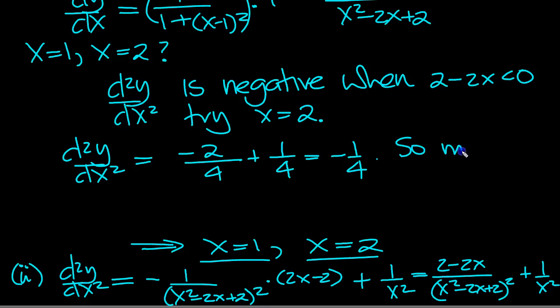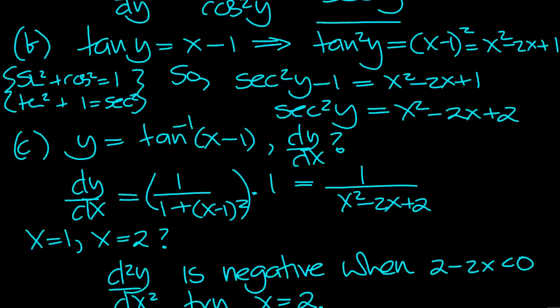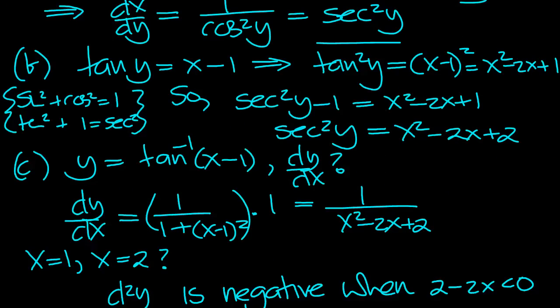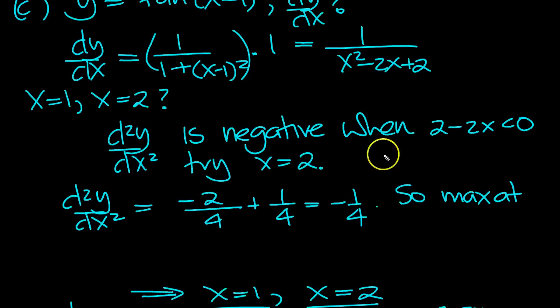So max at, oh, it's negative, and we want a minimum, don't we? When x is 1. Min is on x-axis, so we want it when it's negative.